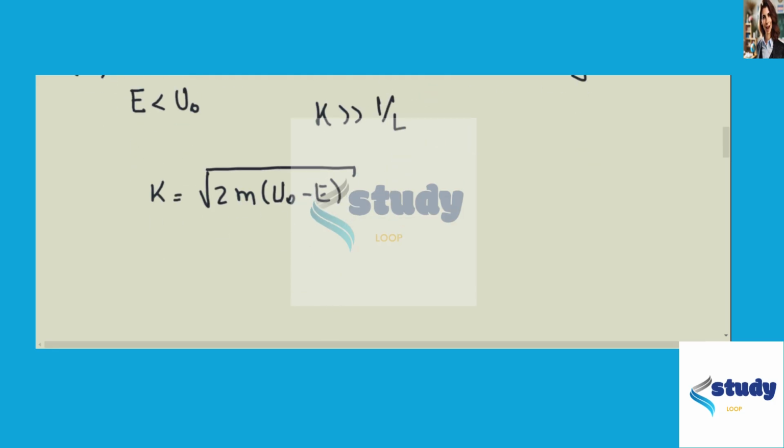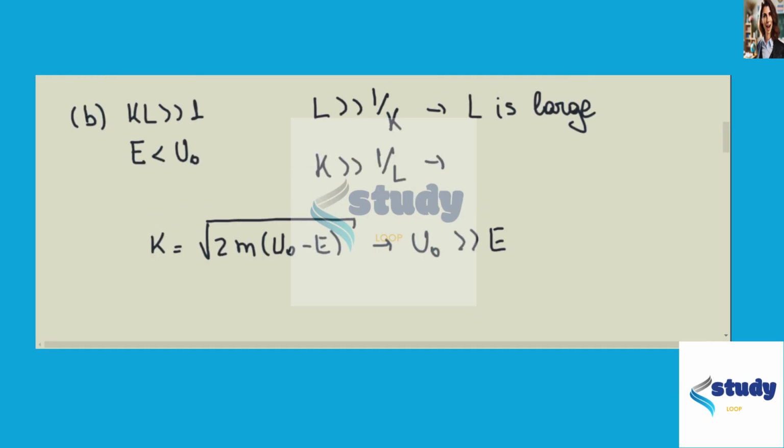So for this to be very large, u0 must be large compared to e. Okay, so for that reason, e is relatively small compared to u0.